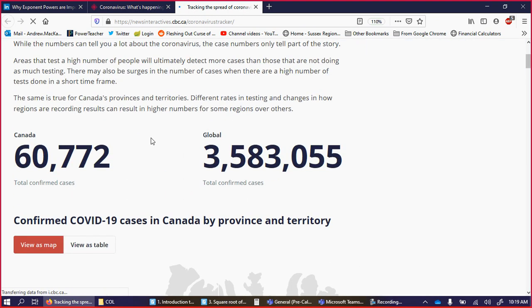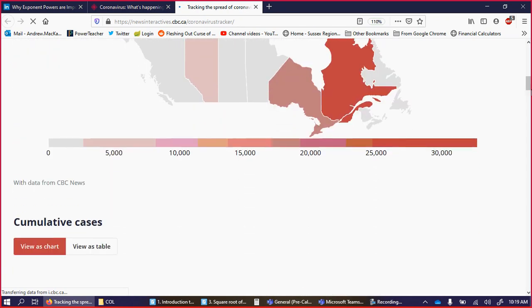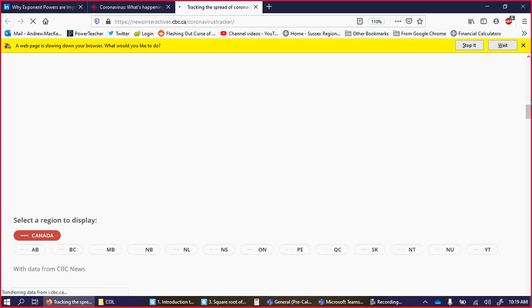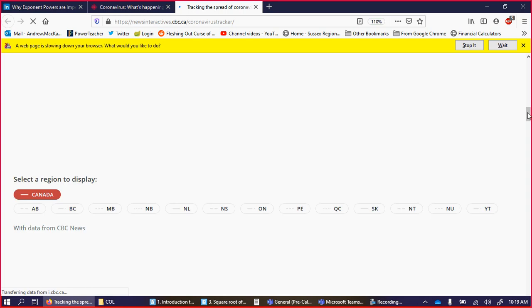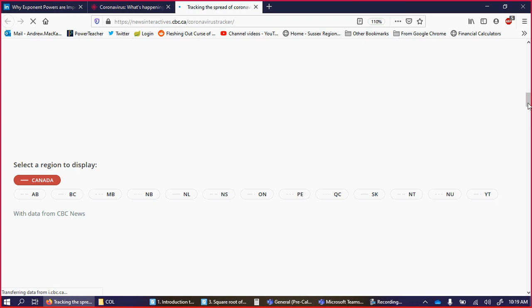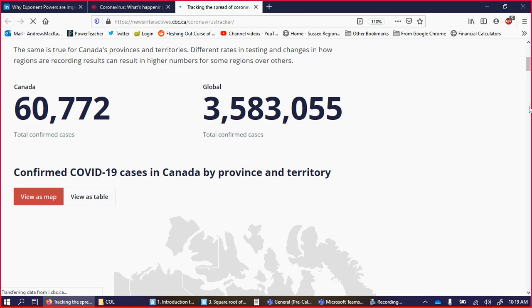There's 3.5 million in the world, 60,000 in Canada. We're doing quite well. View as chart. Select a region to display. I don't know why this web page is slowing down your browser. I think it's this web page.